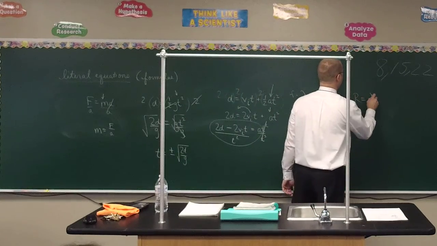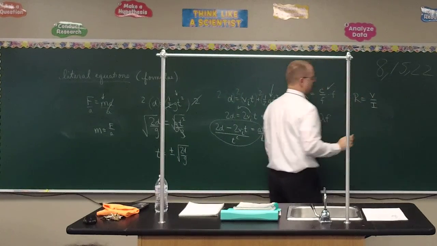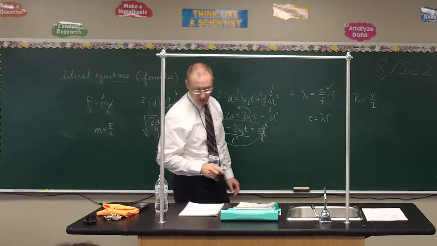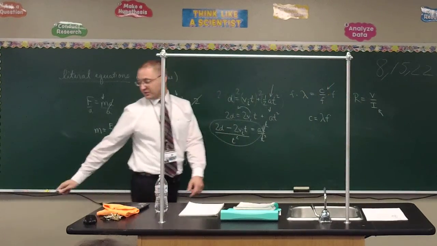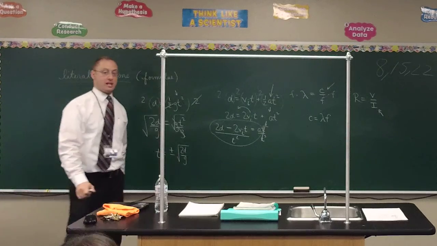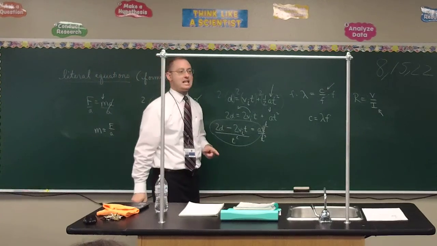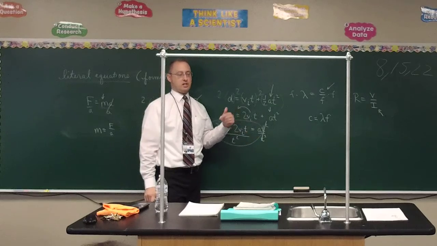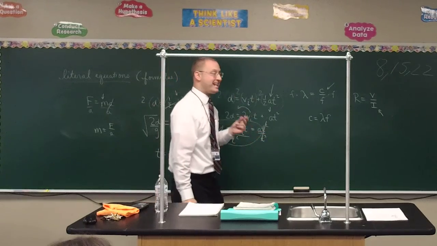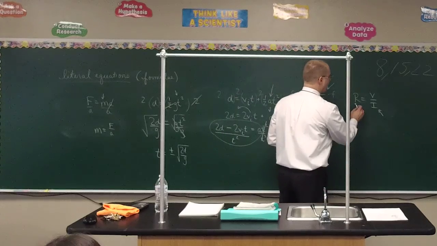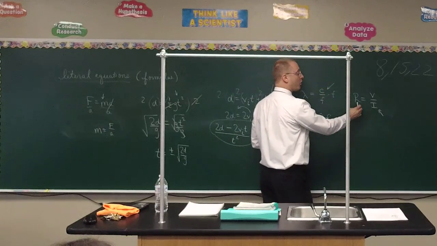All right, how about this one? R equals V over I, talking about resistance in an electrical circuit. And supposing I wanted to get the I by itself. What would I need to do here? Well, it's in a denominator. And if it's in a denominator, class, how do I get it out? Alternate it out. Think of the R as R over 1.